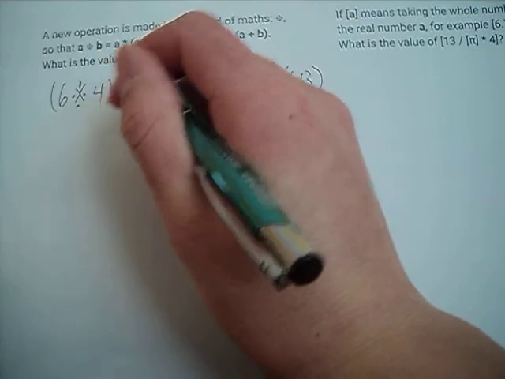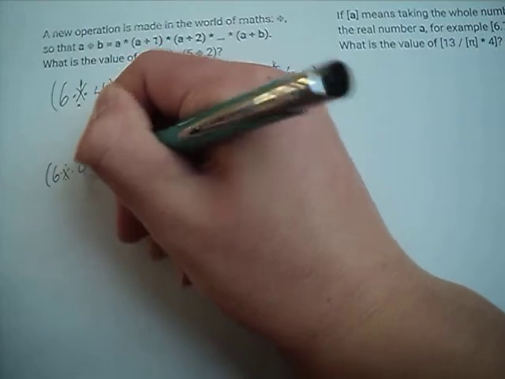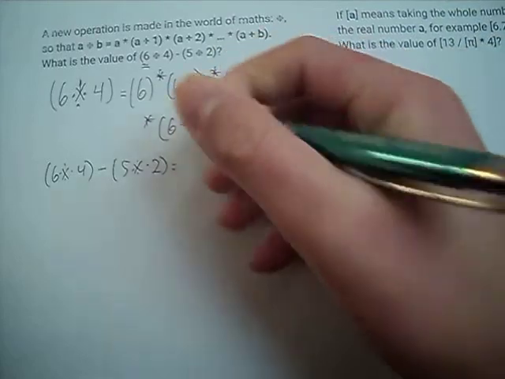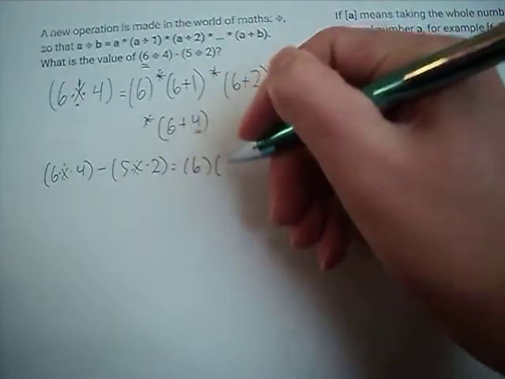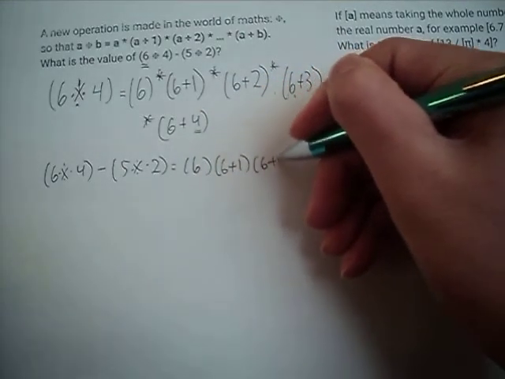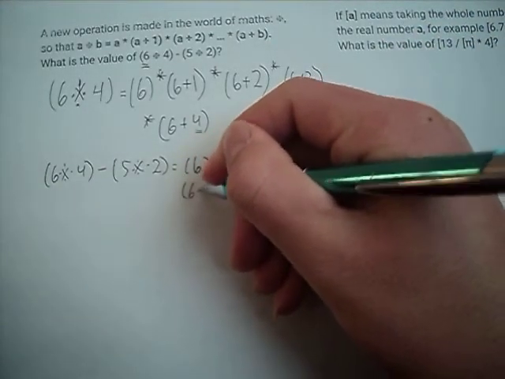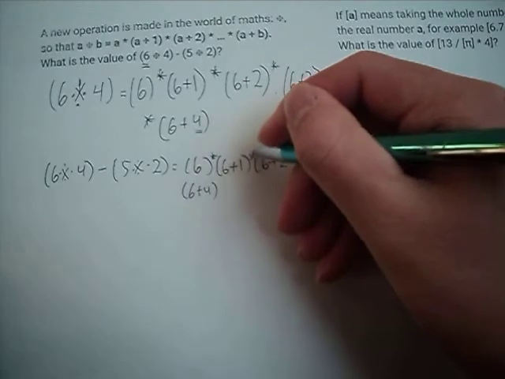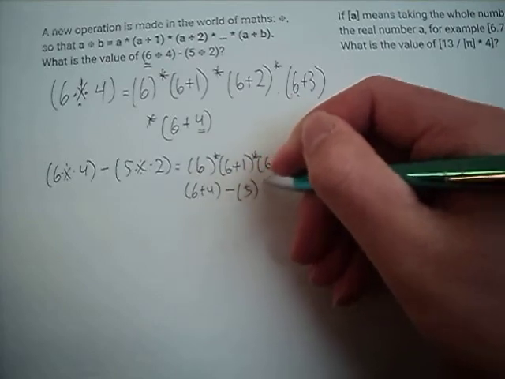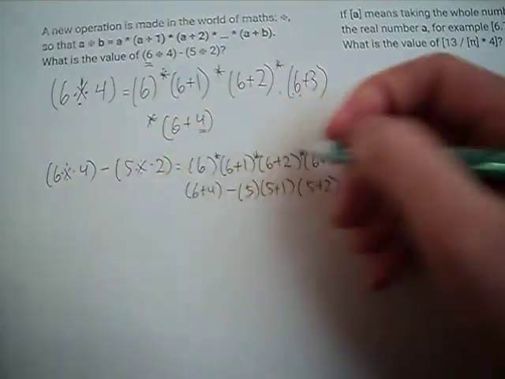So if we try to solve this one, it would just be 6 x4 dots 4 minus 5 x4 dots 2 is equal to, I'm just going to put it like this, this is multiplying 6, 6 plus 1, 6 plus 2, 6 plus 3, and 6 plus 4. Subtract 5, 5 plus 1, 5 plus 2. And we stop there because 2 is b in this case.